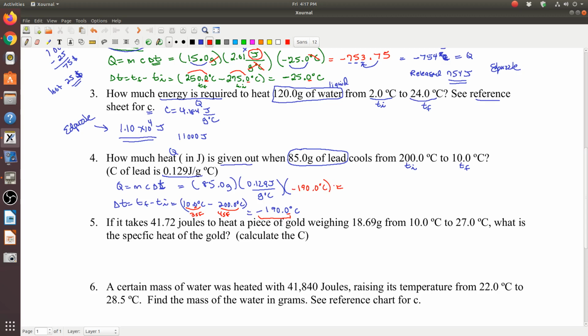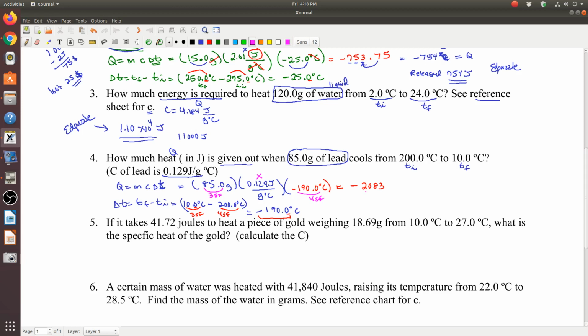Then you do the multiplication, 85 times 0.129 times 190, and I get negative 2083 as my raw number. Then I have to look for significant figures. Here we have 3 significant figures, and this is a chart value, 4 sig figs.